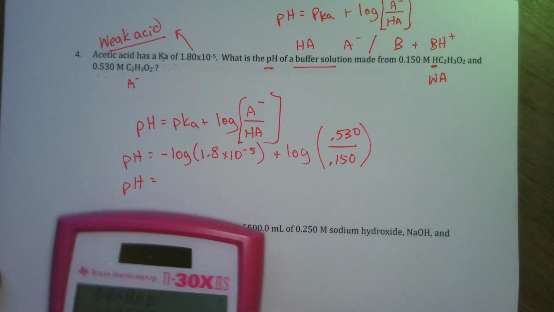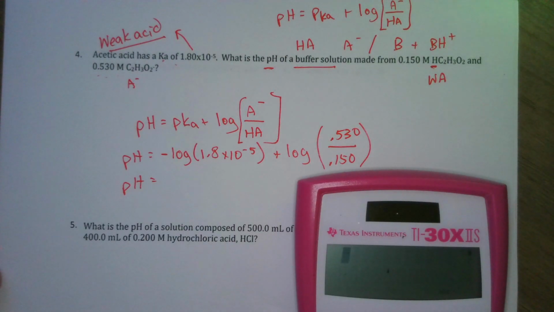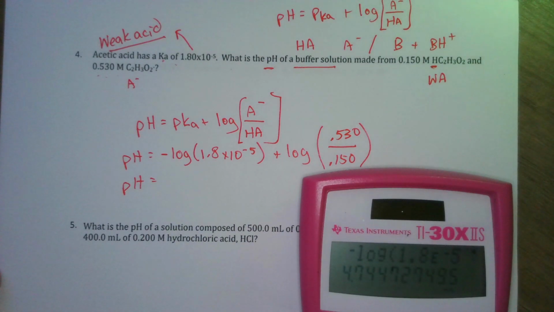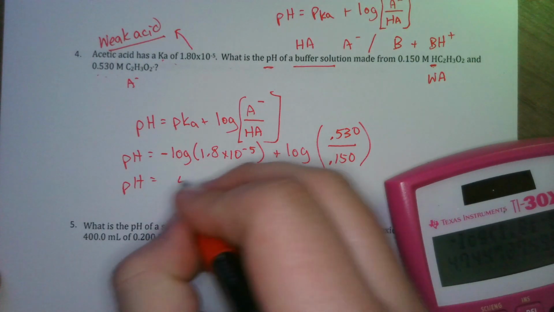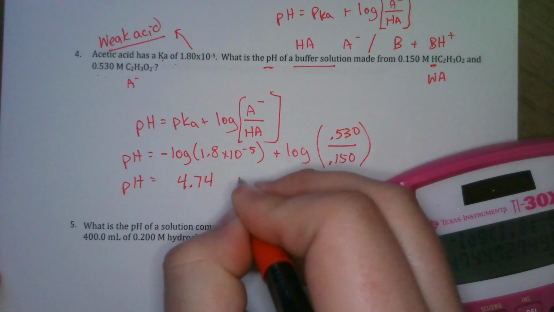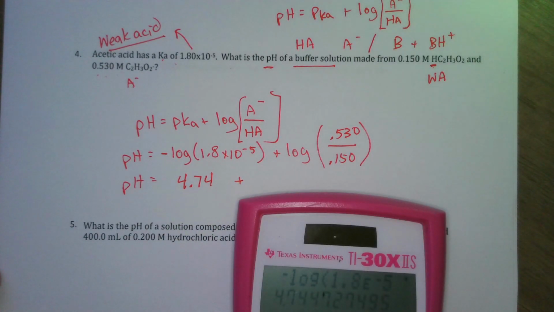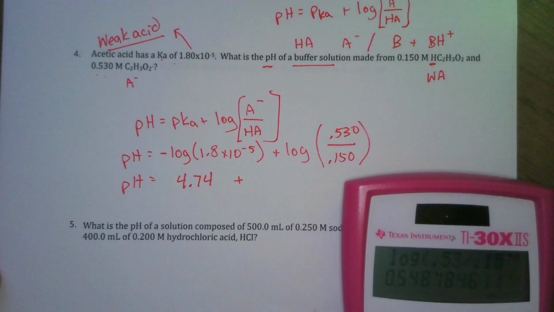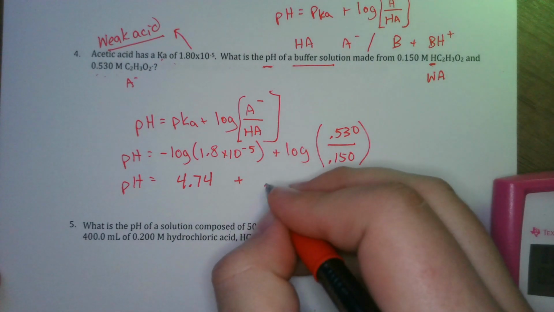I'm just going to break this into the two little parts. I have first the negative log of 1.8 times 10 to the negative 5. I get 4.74 for that first term. Plus the log, and I'm just going to type 0.53 divided by 0.15, of which I get 0.548.